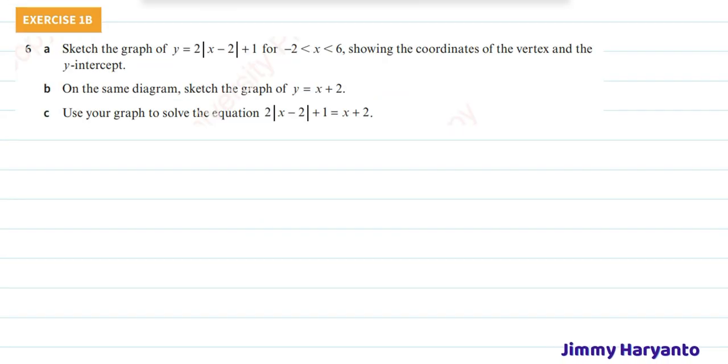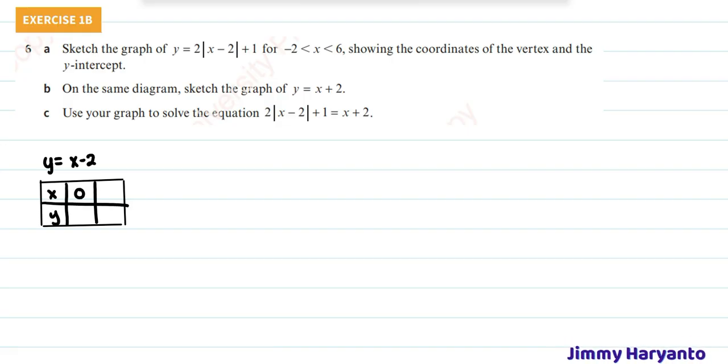For question 6, we have to draw 2 times absolute value of x minus 2, plus 1. Okay, so first I have to draw y equals x minus 2 without the absolute sign. So for x equals 0, the value of y will be negative 2. For y equals 0, the x will be 2.